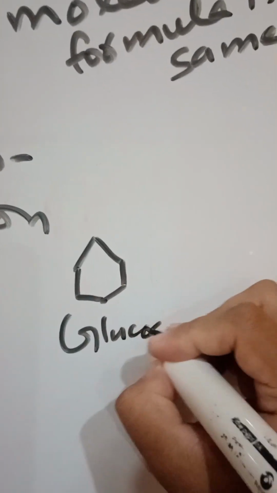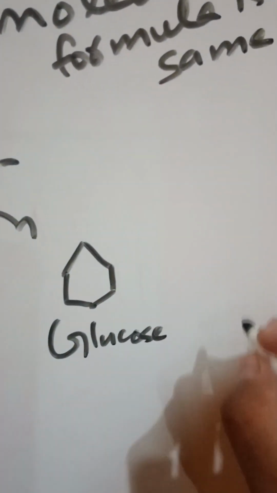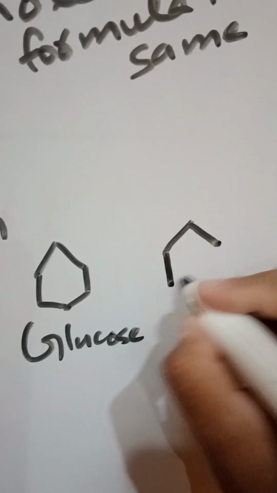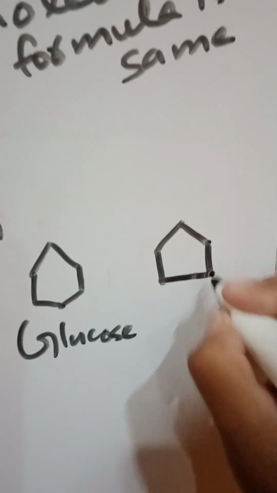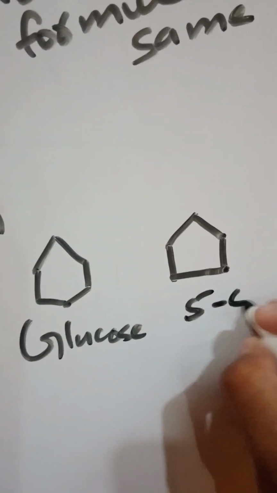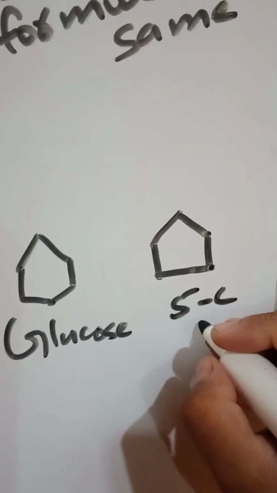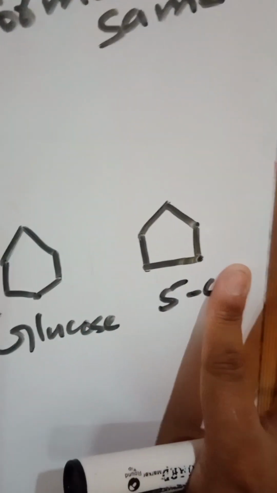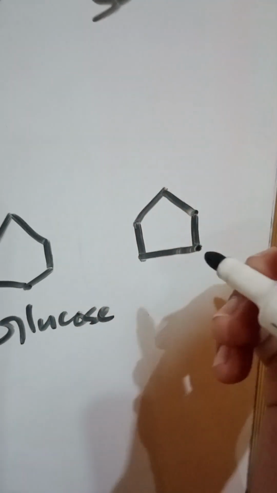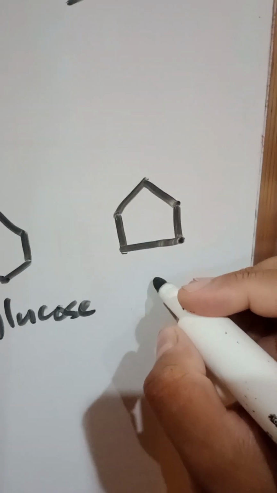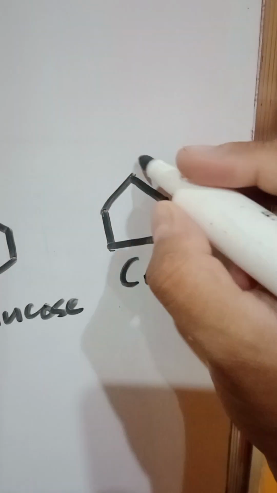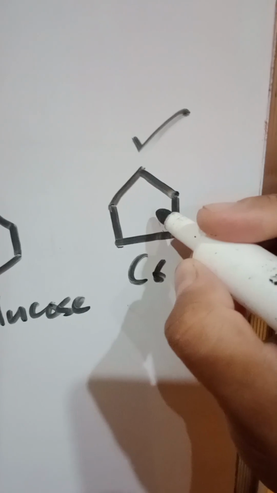Glucose has 6 carbons in the form of a ring, while fructose has 5 carbons in its ring.